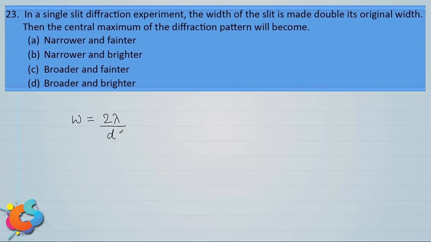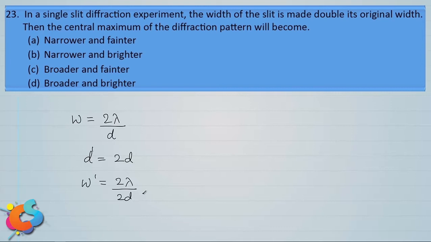Now, what is asked is when you increase the slit width to double the initial value, let me make it d dash equal to 2d, then the width of the new central maximum becomes equal to 2 lambda divided by 2d. That is half of the original value. So the width of the central maximum decreases. Therefore, it should be narrower. So you can easily eliminate options C and D.